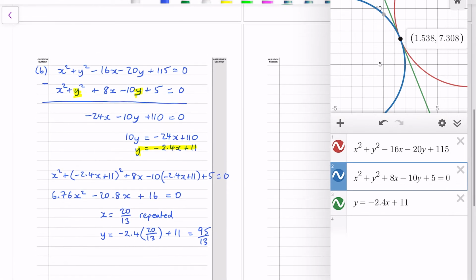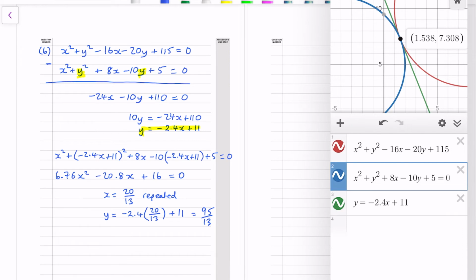Geometrically, if we complete the square on the equations of the circles, so we're going to get x minus 8 all squared to take away 64, plus y minus 10 all squared to take away 100, plus 115 equals 0, gives us this.